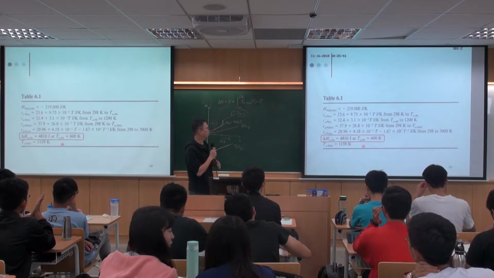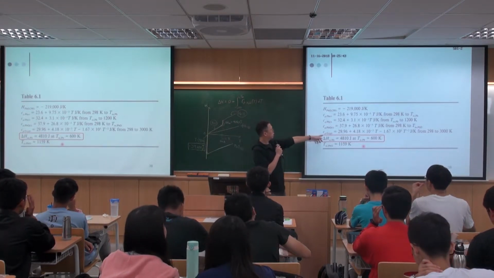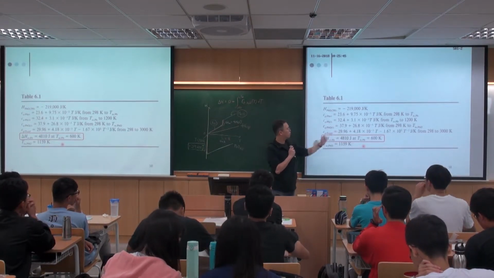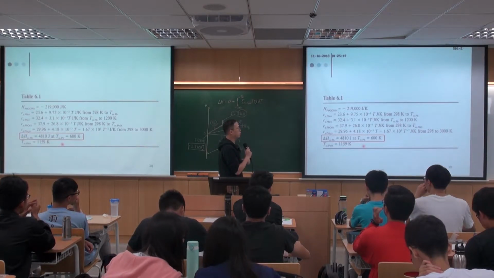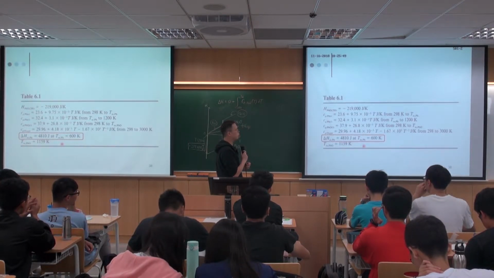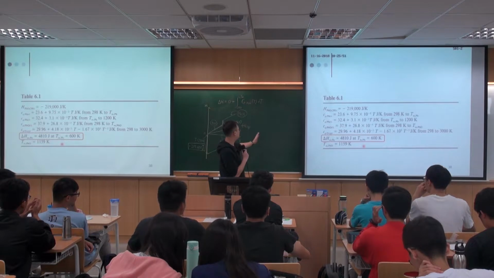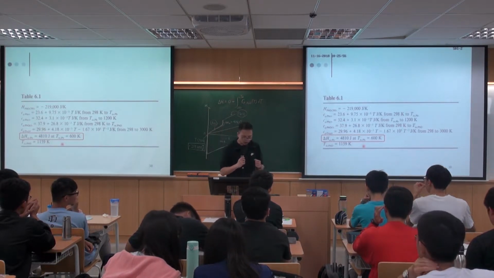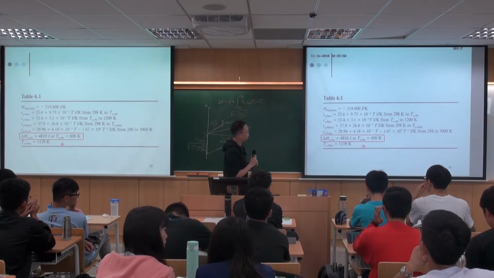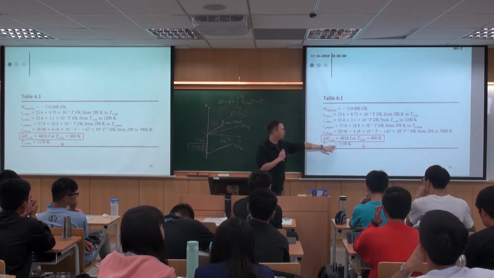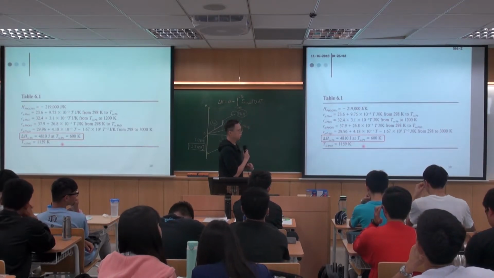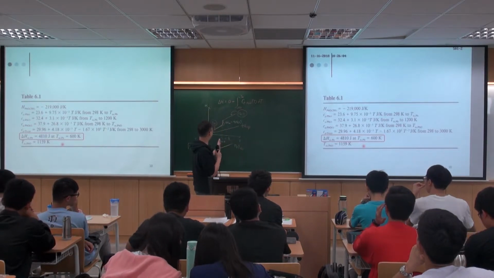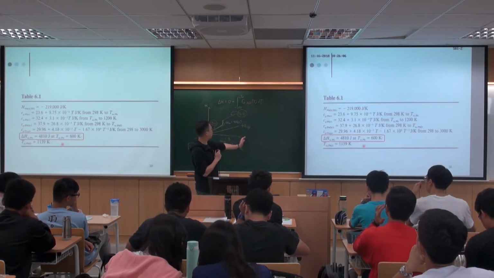And for oxygen, you only need one Cp value. That's already given, from 298 Kelvin to 3,000 Kelvin. Typically, we don't go up that high, so we don't have to worry about that. And the melting temperature of lead oxide is 1159 Kelvin. That's also much greater than the range of the plot over here.